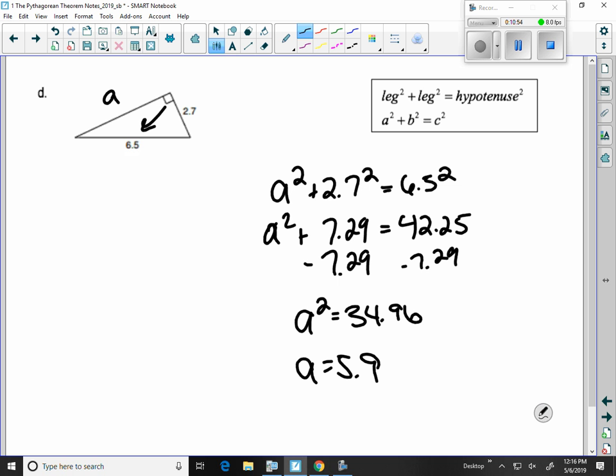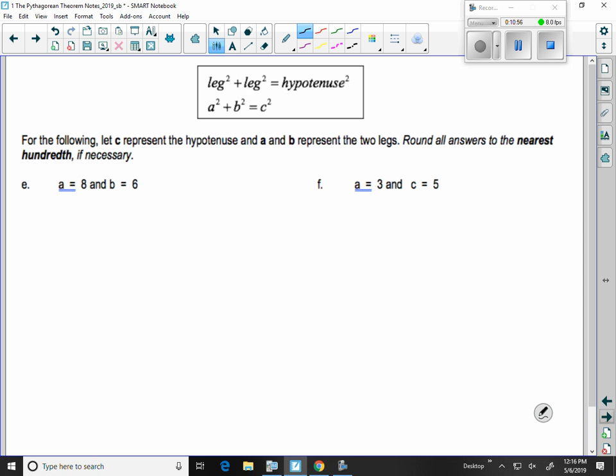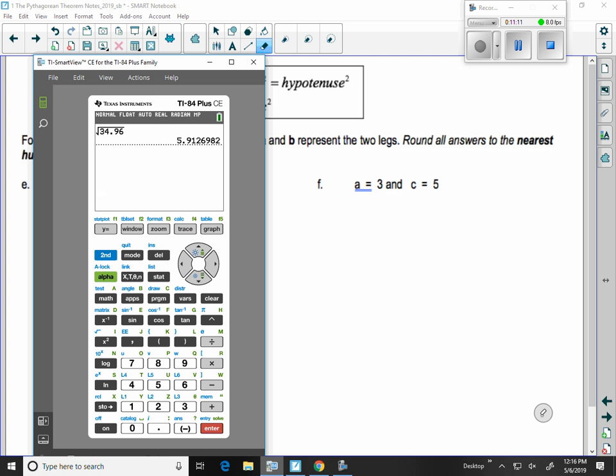Okay, what's next? What's different about these? There's no triangle. We just don't see a triangle, but you're given A, B, maybe C, or AC, BA, BC, whatever. You just do the same exact thing: A squared plus B squared equals C squared.